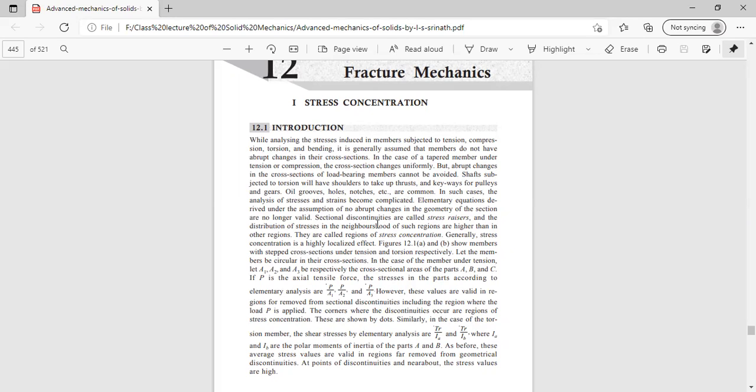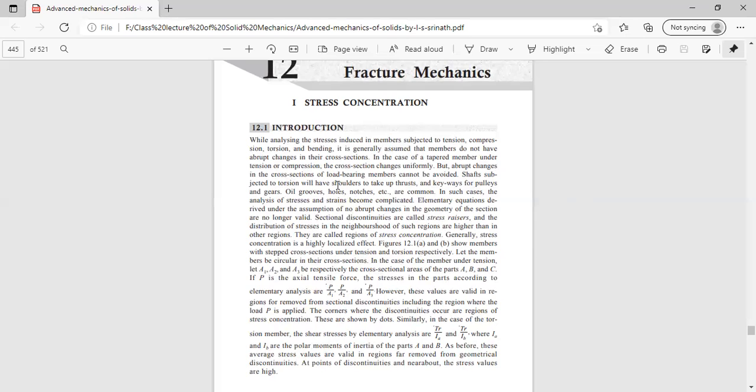That treatment is not exactly equal to the method of abrupt changes in cross-section taught in the third semester syllabus in strength of materials. They are slightly different, but that makes a lot of difference in application as well as in treatment itself.